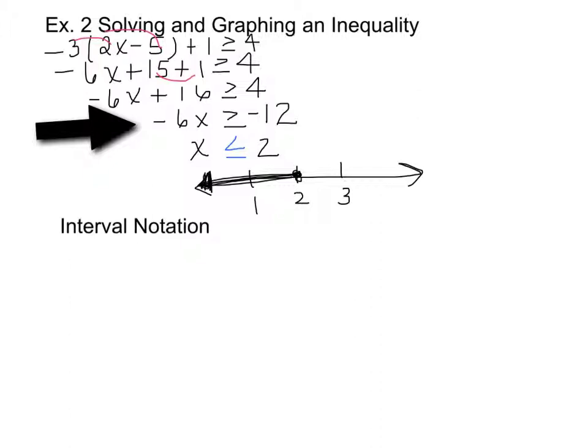And our arrow is facing everything to the left. That means all numbers to the left. And this arrow here, I'll draw another arrow here, means that it is going on forever and it won't ever stop without any bound. So we call that negative infinity.